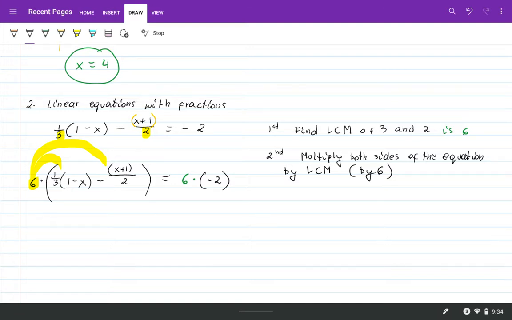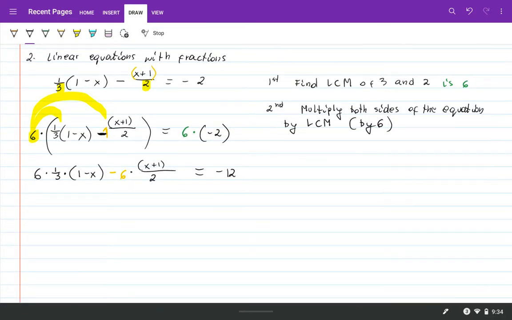So we have 6 times 1/3 times (1 minus x), and 6 times, and like you see, this expression is negative, so you may think about this one as being -1. So 6 times -1 will give you that -6, and I copy the rest, that fraction. (x plus 1) divided by 2. And on the right side, we have -12.